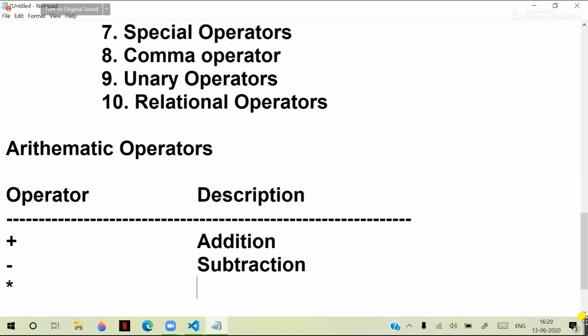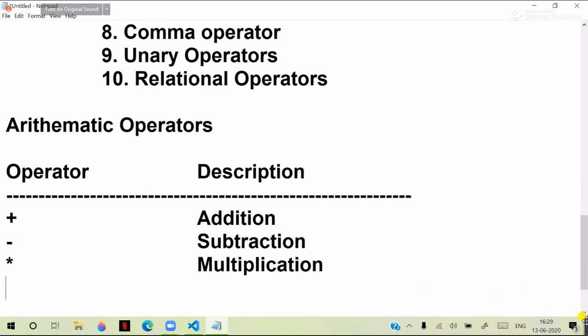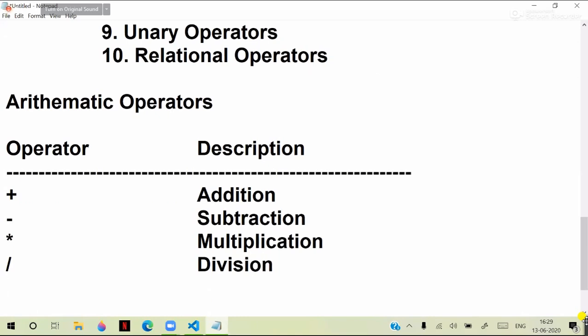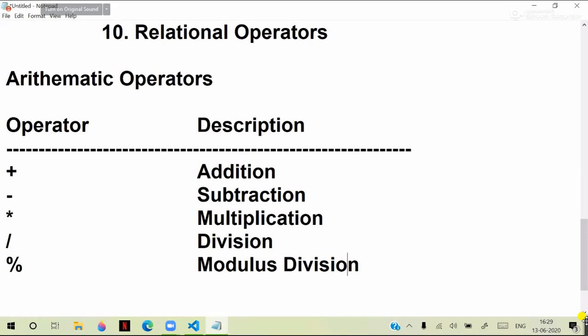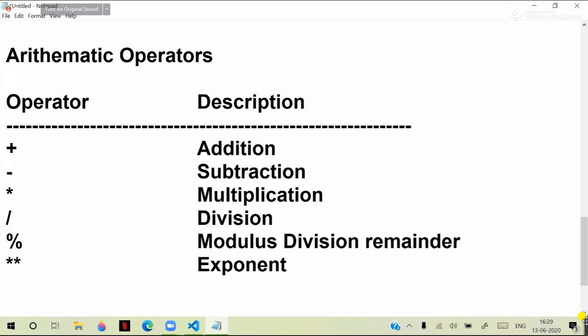We have asterisk, this is multiplication. And we have slash, that is division. And percent, this is modulus division, the division remainder, right? And we have a double asterisk. This is the exponent operator, actually the power operator.